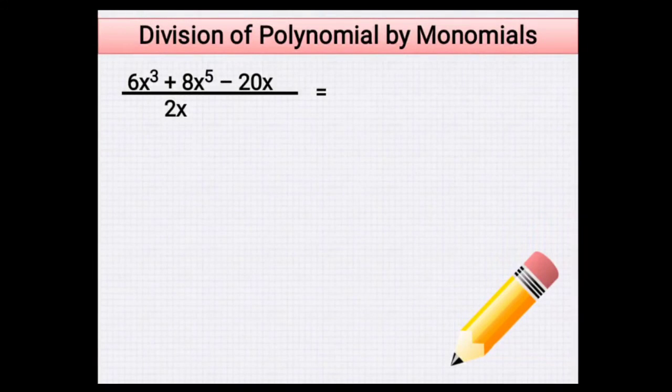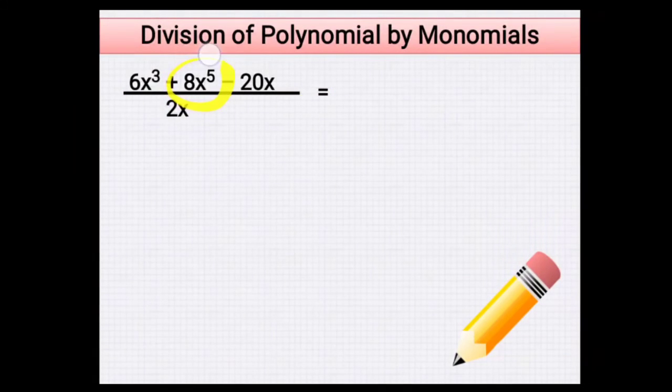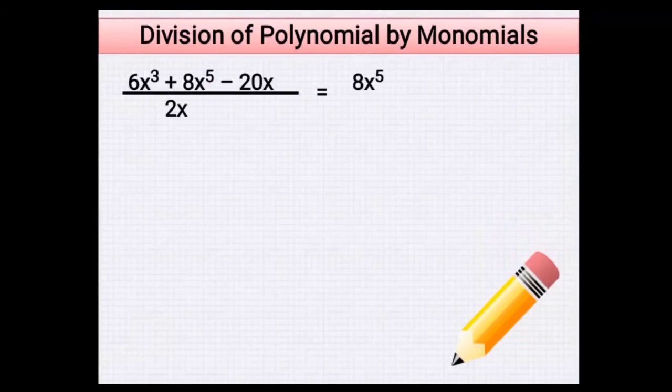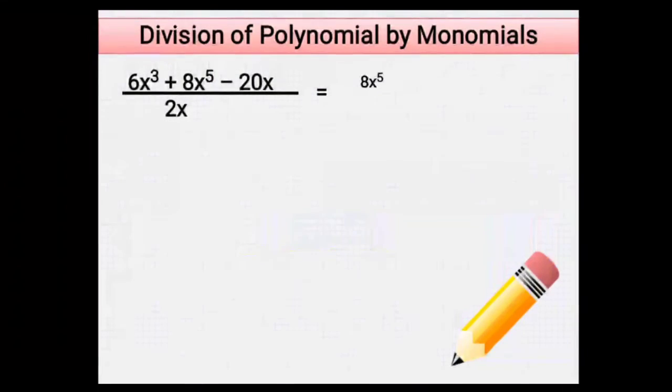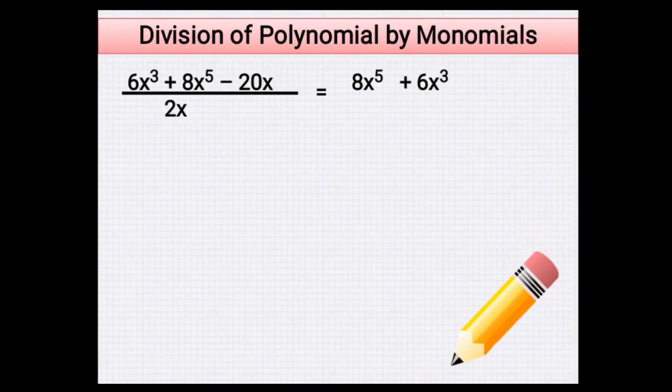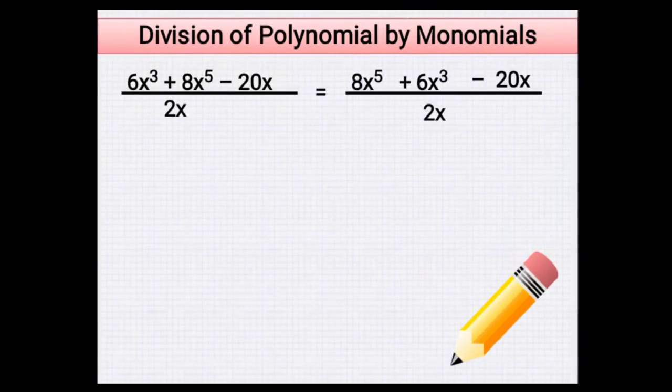In this case, in our numerator, 8x to the 5th power has the highest exponent, followed by 6x cubed, and after that is negative 20x. So let's arrange them. We have 8x to the 5th plus 6x cubed minus 20x, divided by 2x.